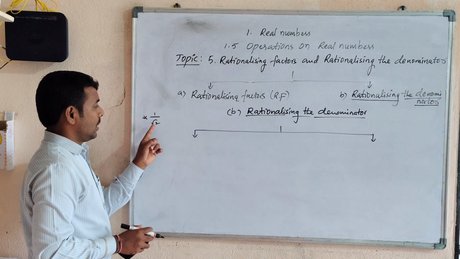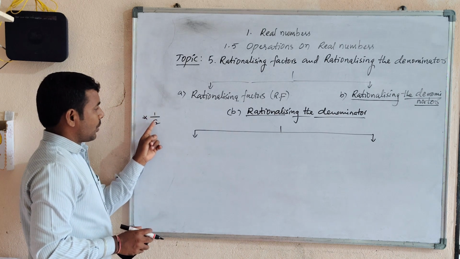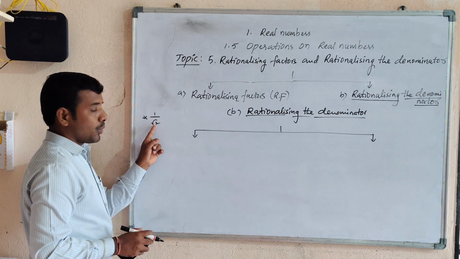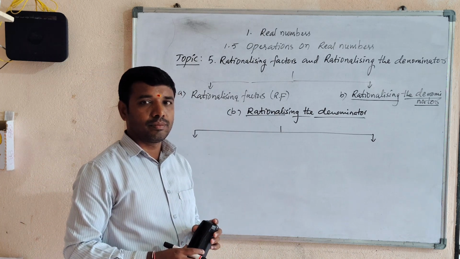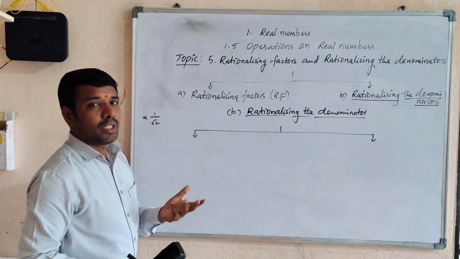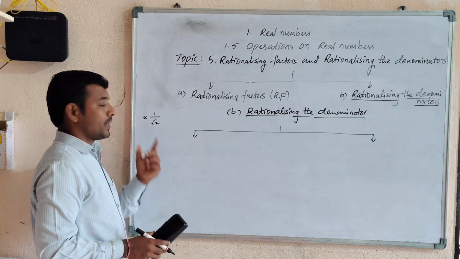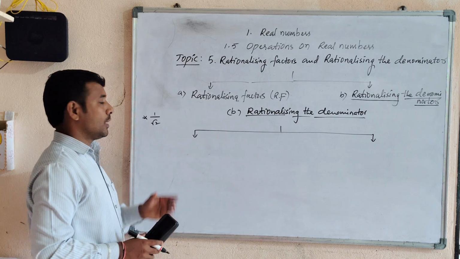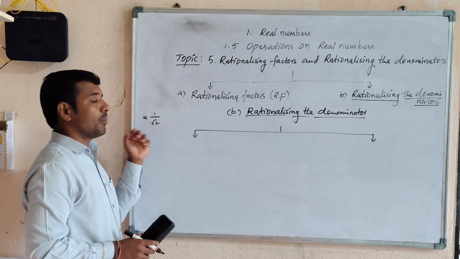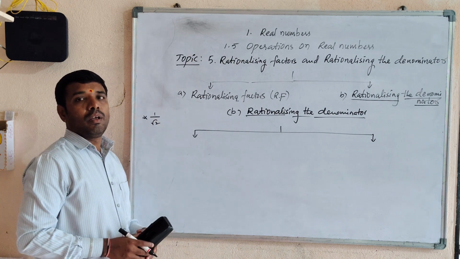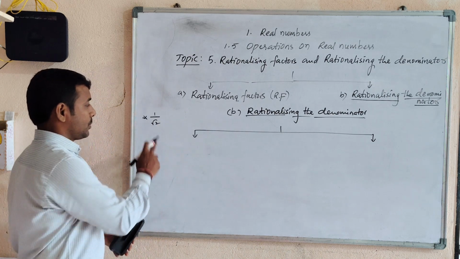My question is, are you able to represent 1 by square root 2 on the number line? It is a very difficult task to represent on the number line because your denominator is an irrational number. That's why we are unable to represent this particular number on the number line.